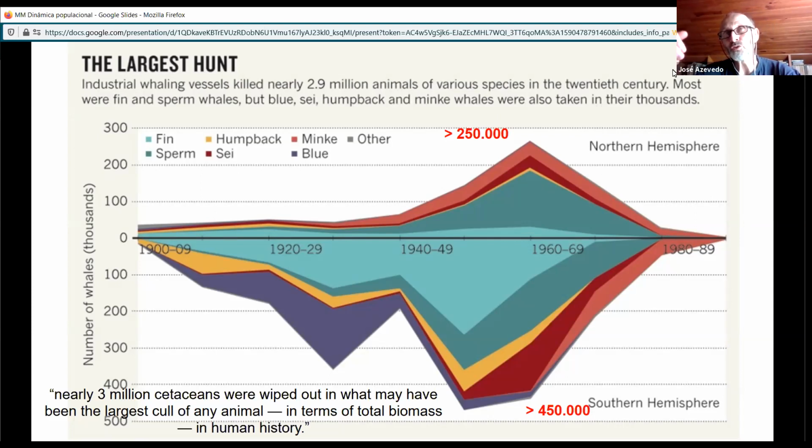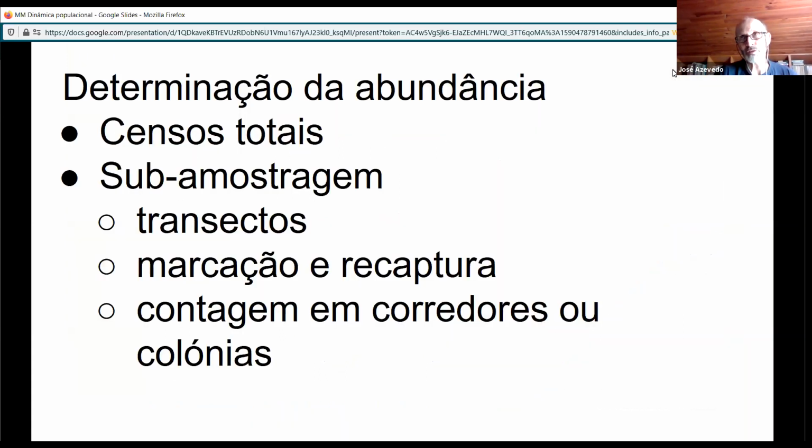So although almost 40 years have passed since this moratorium, since the commercial whaling stopped, many populations are still at the brink of extinction, like blue whales in the Antarctic. They have been reduced to less than 10% of their original numbers. So this is one element that is important to have in mind in terms of population dynamics.